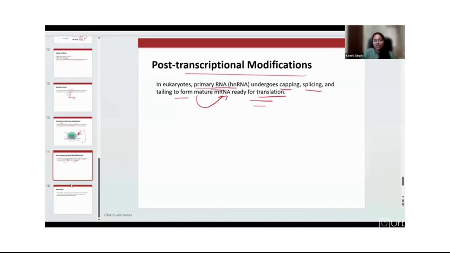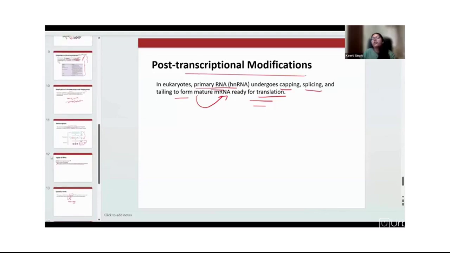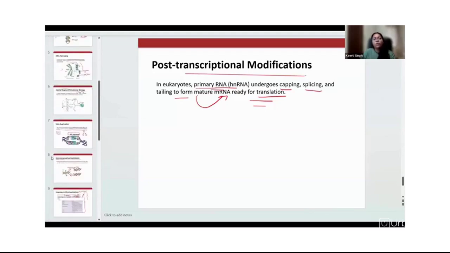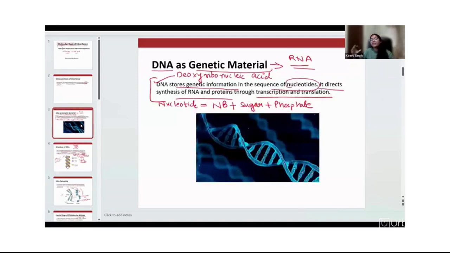So this chapter is going to tell you a lot about the ways and processes involved at the molecular level, right? How is this process actually happening? What kind of enzyme is doing what process?